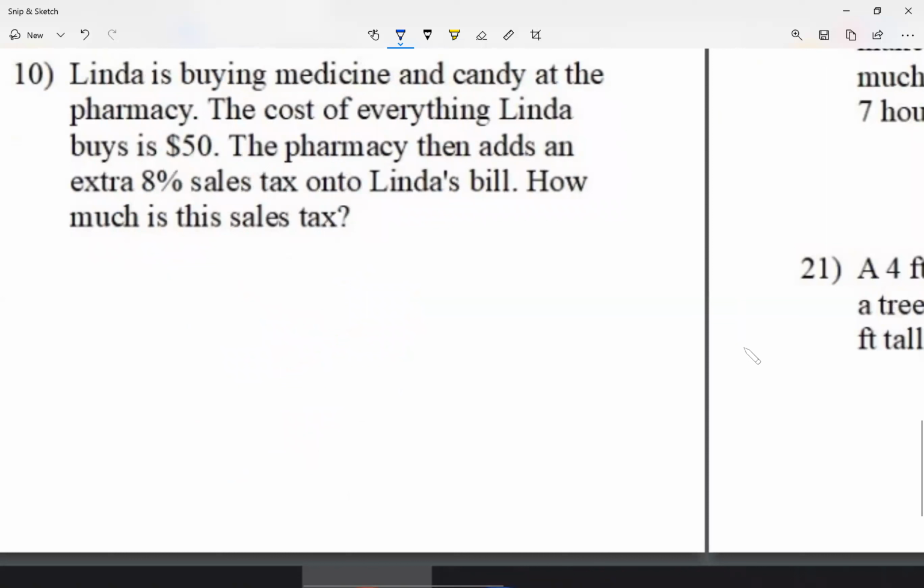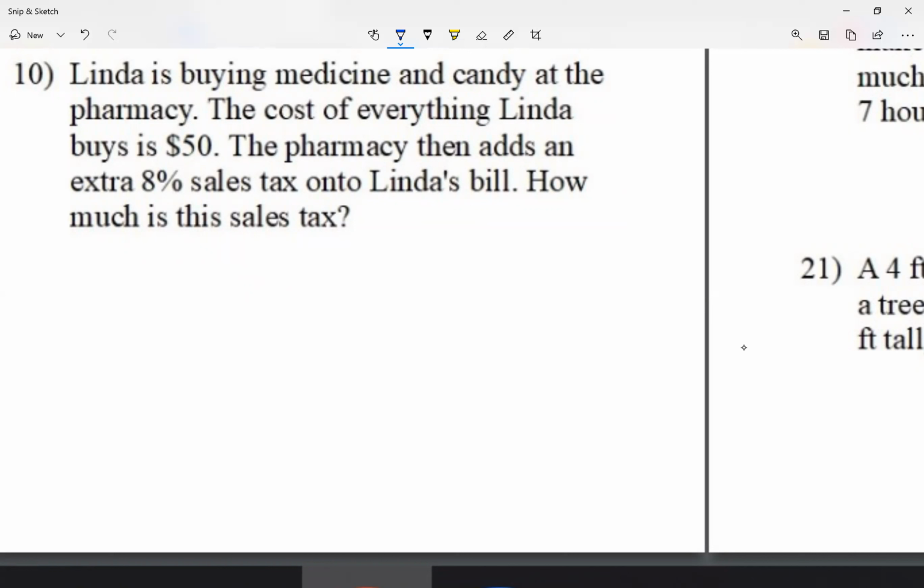Linda is buying medicine and candy at the pharmacy. The cost of everything Linda buys is $50. Then the pharmacy adds an extra 8% sales tax onto Linda's bill. How much is this sales tax? Okay.